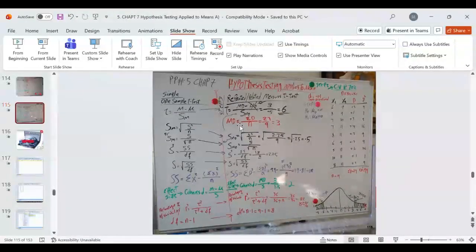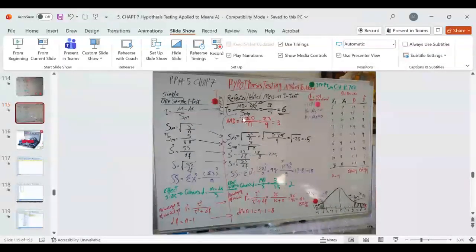I wrote it down so you know it's really the sample mean difference minus the population mean difference, which in this case is the difference between X2 and X1. So MD, we already calculated, is 27 over 9. Sum of D divided by N is 3.